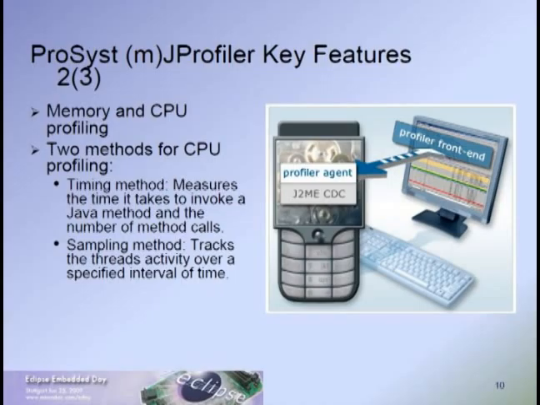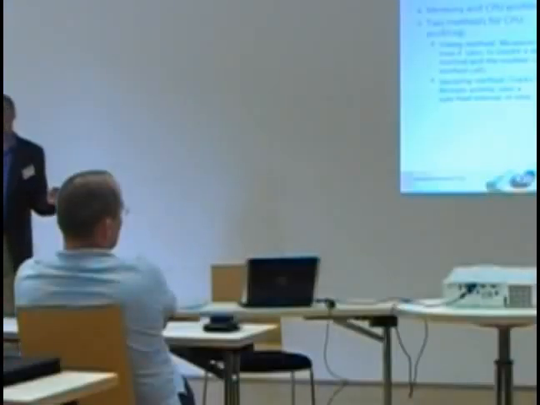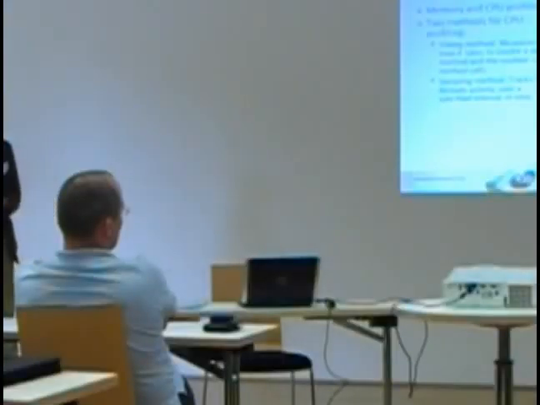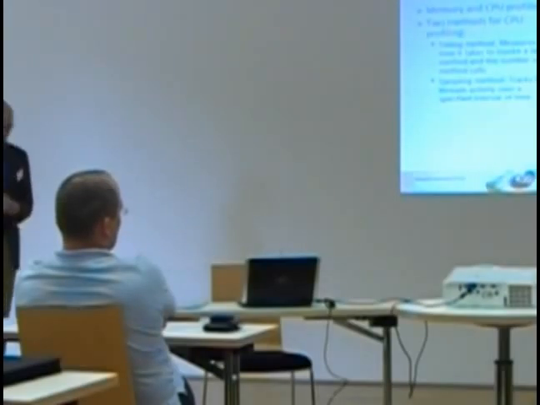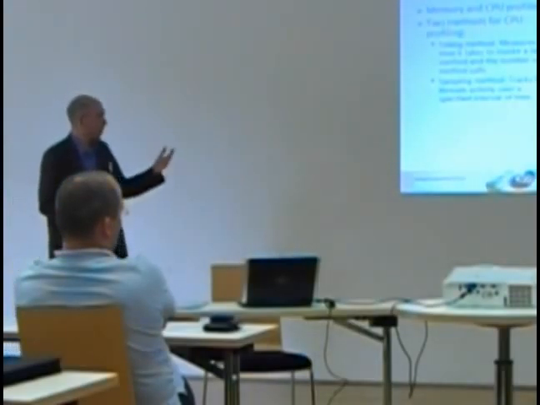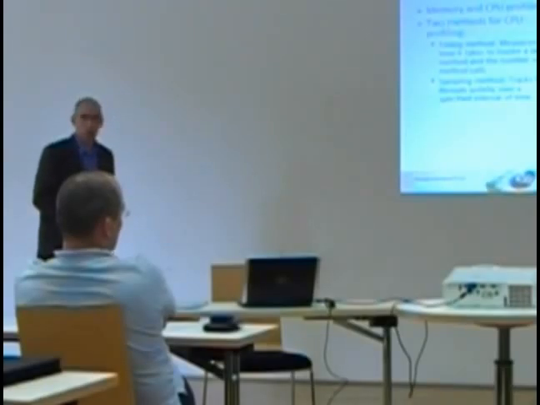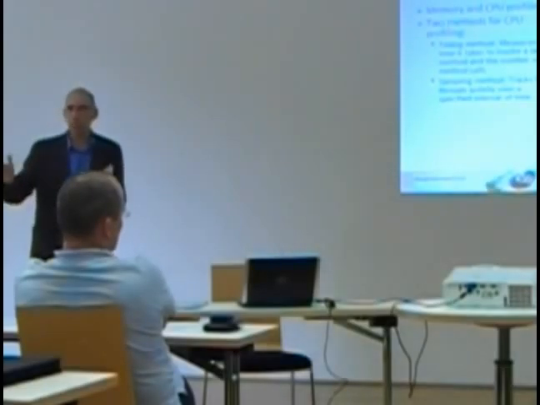For the CPU profiling, it's a standard approach. There are two methods. The timing method: you call a method, and you measure the time until the call is back. And the sampling method, which tracks the threads by taking samples.